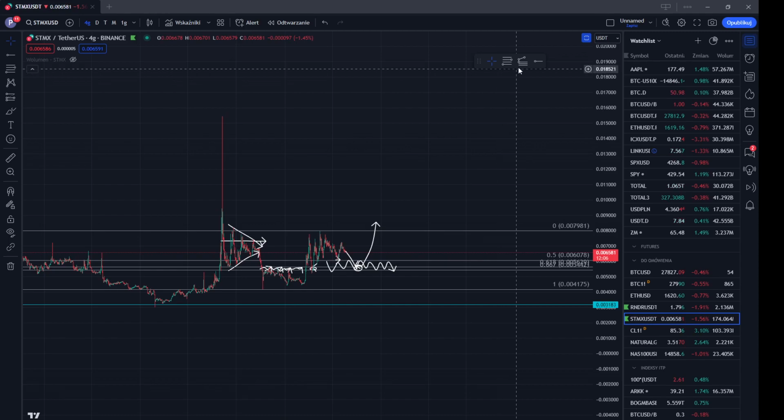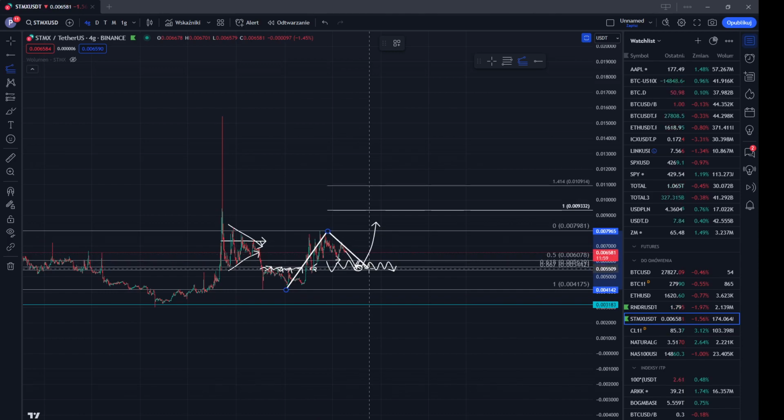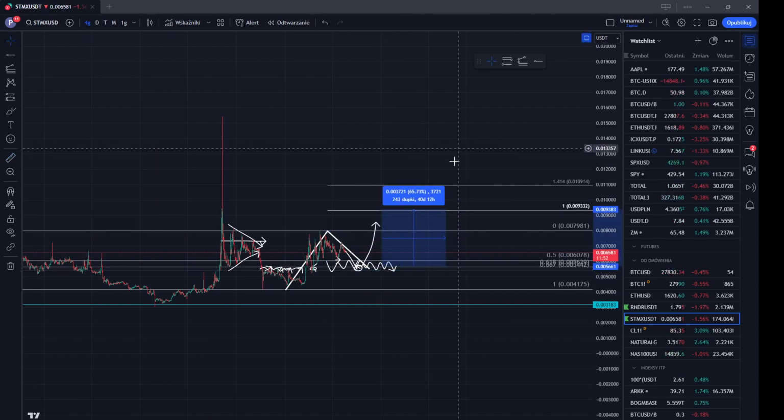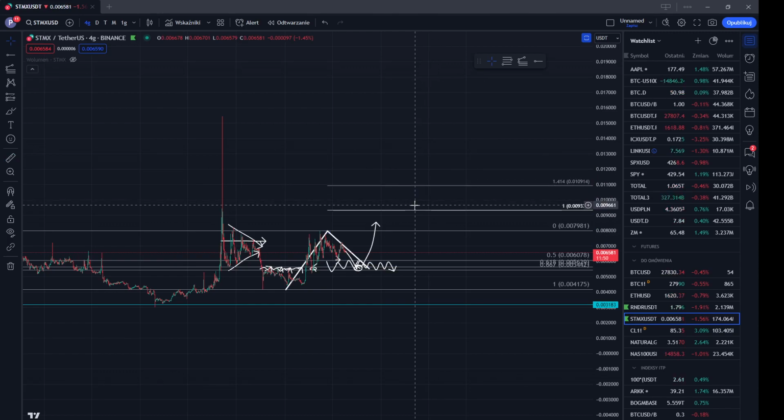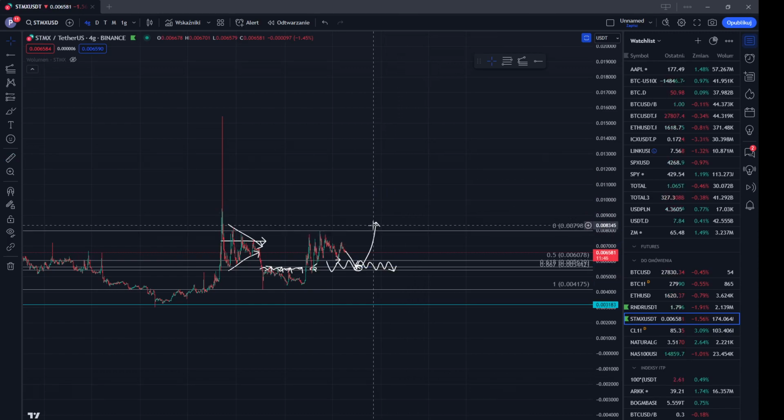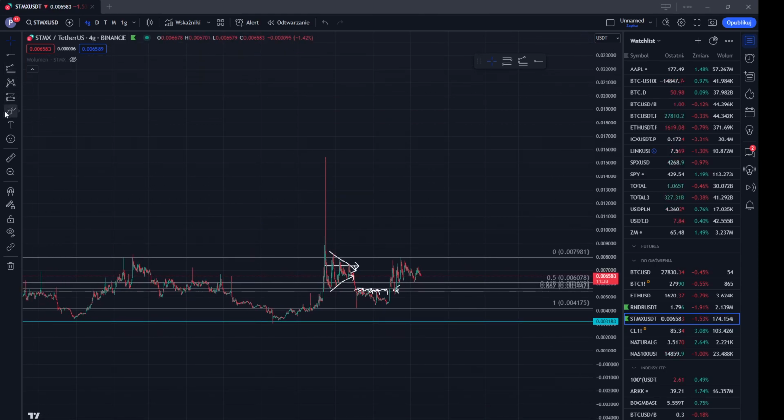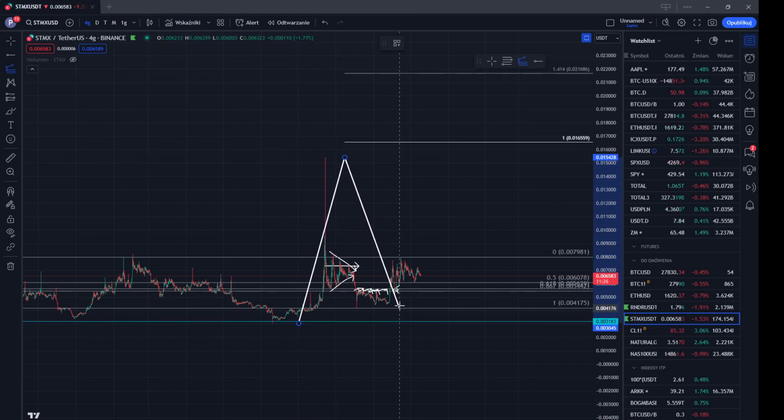It's either just an ABC correction up again, in which case we will see these levels here, which is roughly 65% to the upside, or in a more bullish scenario, we are going to fill this big candle here, which means 1, 2, and somewhere around here, 3.